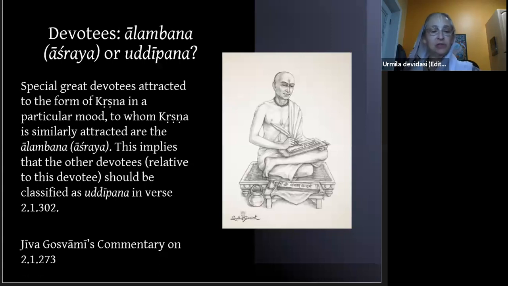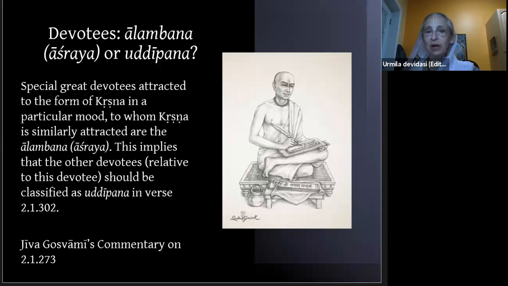So Jiva Goswami gives a commentary on 2.1.273. A number of you asked about these statements. We have one on 2.1.73 and one on 2.1.16, which we'll look at on the next slide. So let's say you're a devotee whose staibhav, whose basic connection, is that of friendship, sakhyabhav.